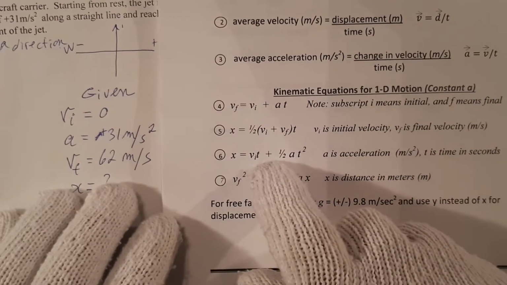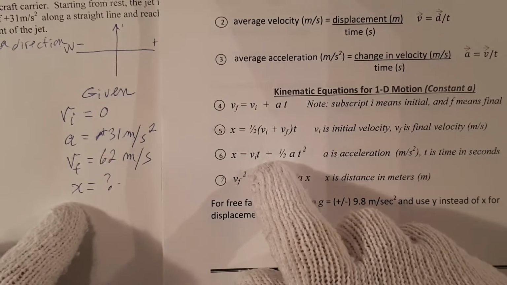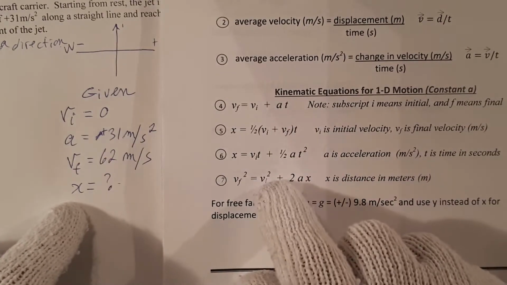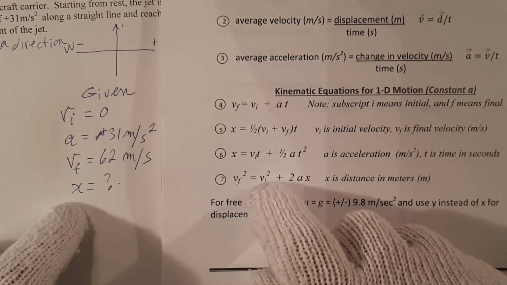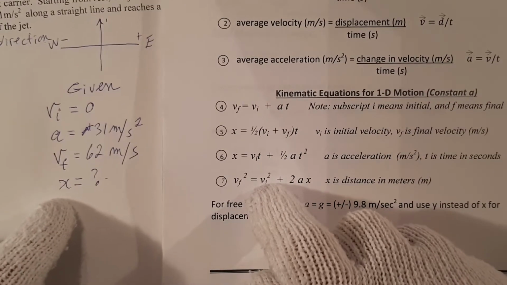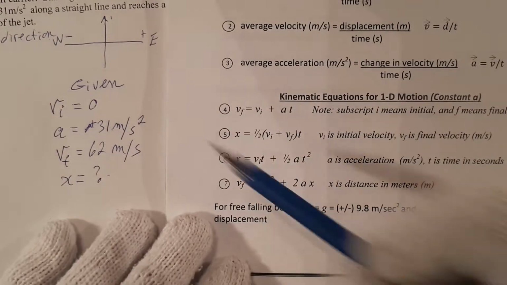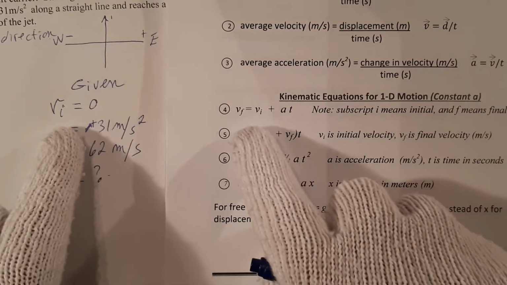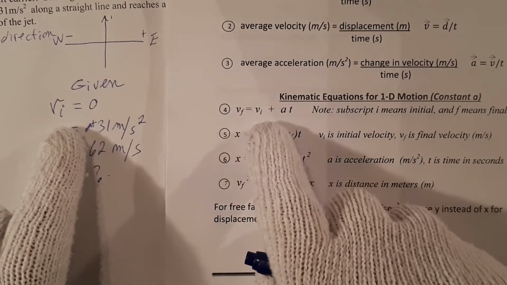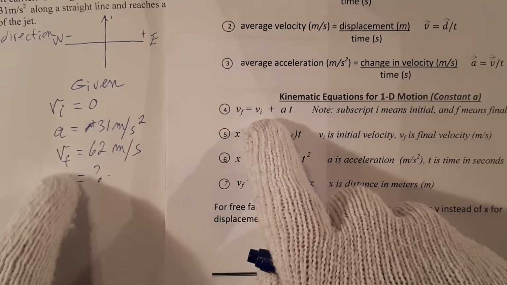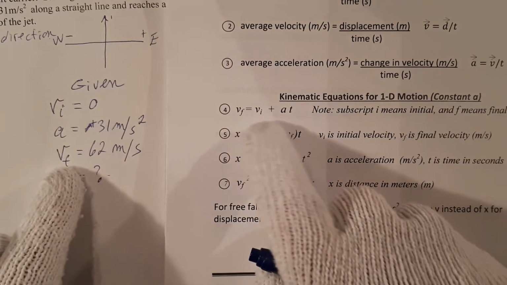Here is our list of 4 variables, and here are our equations. There are 5 variables in total in our equations. One of these equations will work. Let's see what we have. In equation 4, we have initial velocity. Final velocity is also available.